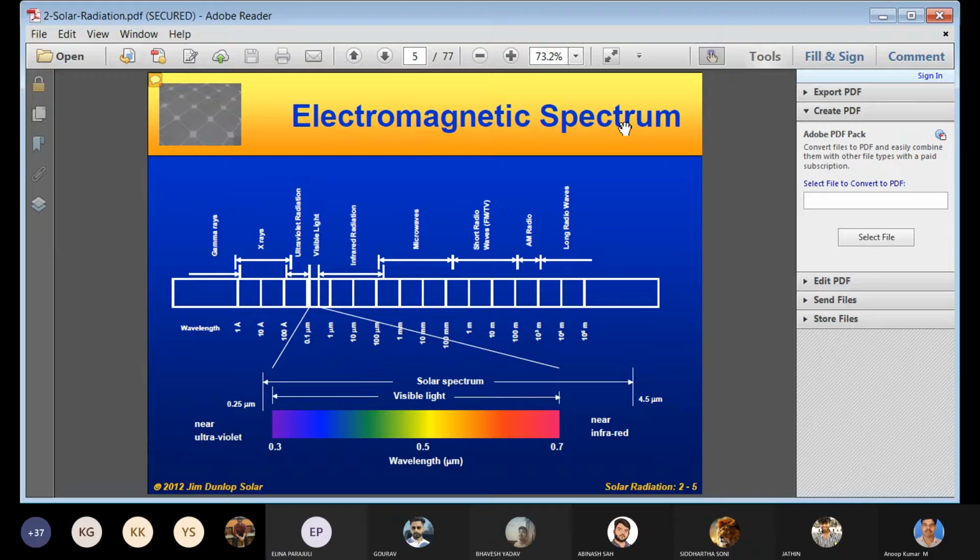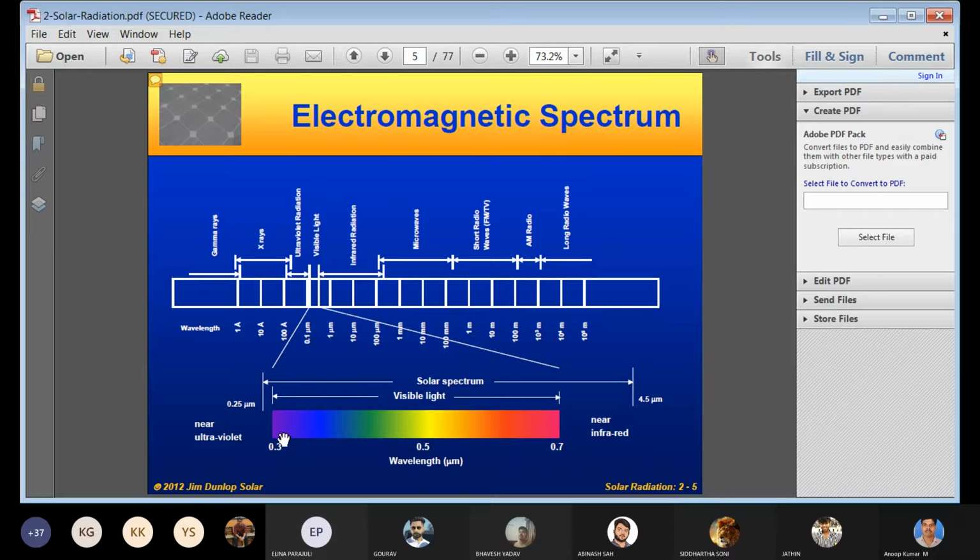So a solar radiation constitutes various wavelengths of radiation. Okay, so we can see objects because our eyes are sensitive to certain wavelengths of radiation. That means out of the total spectrum of energy or radiation available on Earth's surface, we can see objects using this radiation almost from 0.3 micrometer to 0.7 micrometer wavelength.